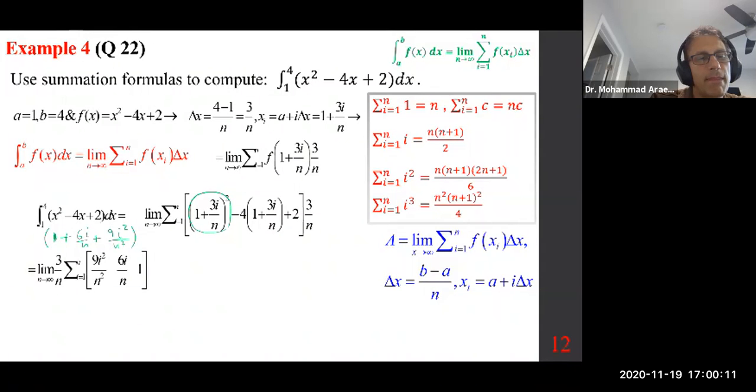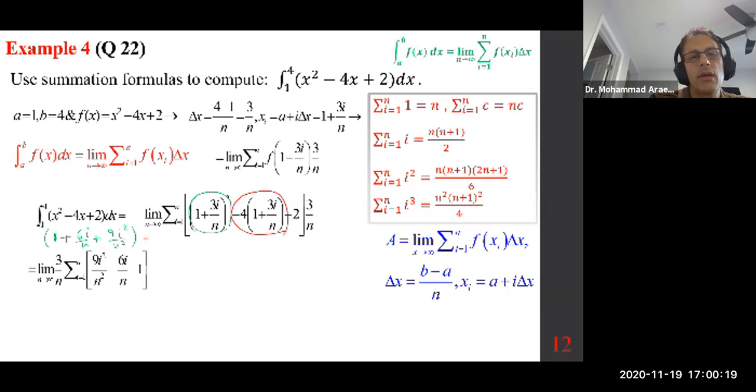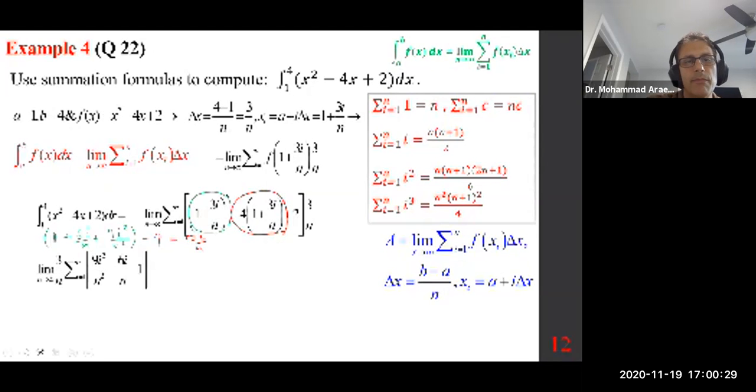Okay. The second one, minus 4 times 1, minus 4 times 3, 12i over n. And finally, we have the number 2. Okay, so you are going to put all of this together in descending order.